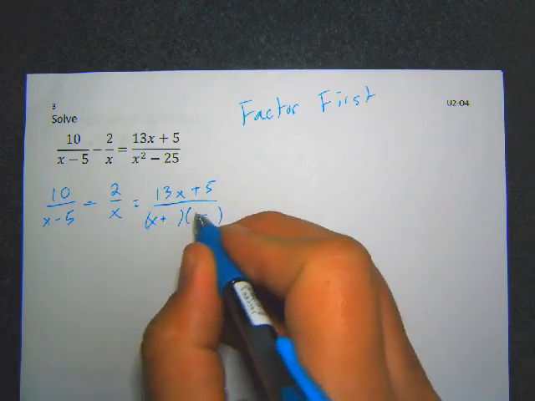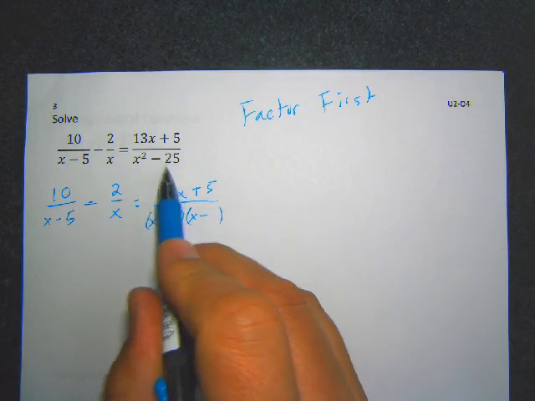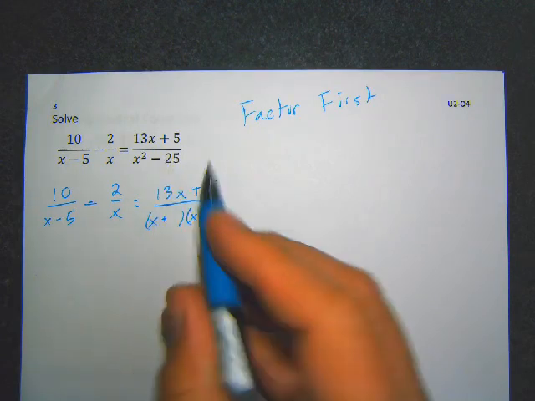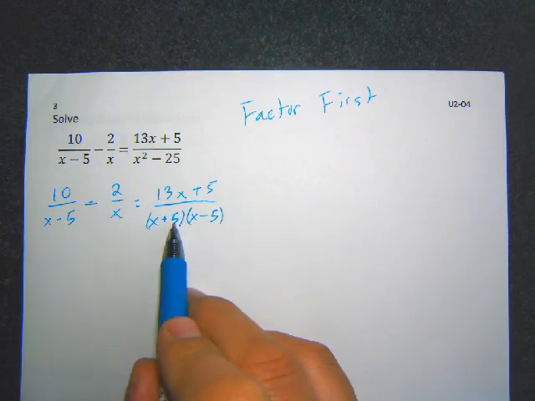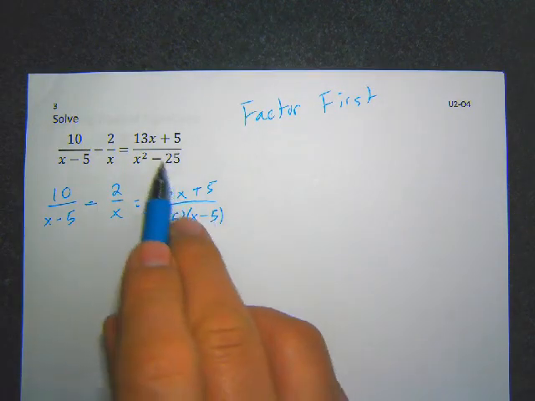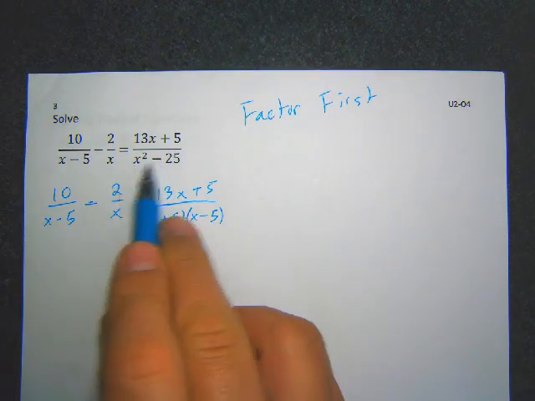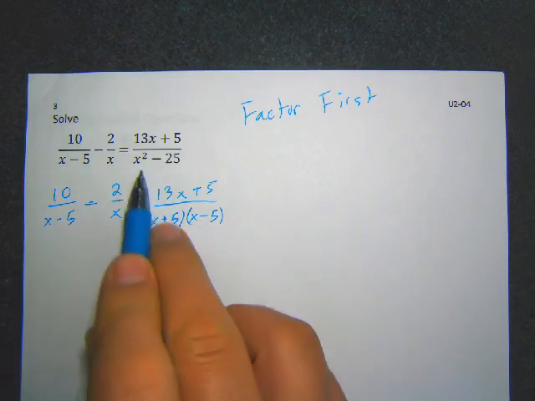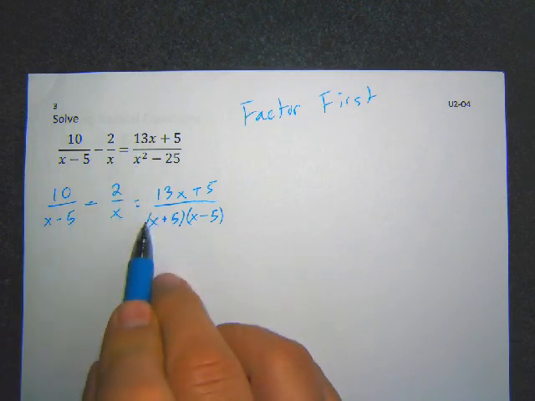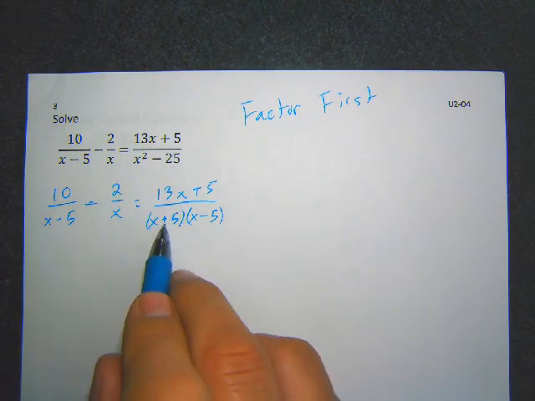The last part is going to be the square root of the last part. So the square root of 25 is going to be 5. So if I take x plus 5 times x minus 5, it would give me x squared minus 25. And this difference of squares always factors to look like this, where the 2 numbers are these guys square rooted. Square root of x squared is x, square root of 25 is 5, and one's plus, one's minus.